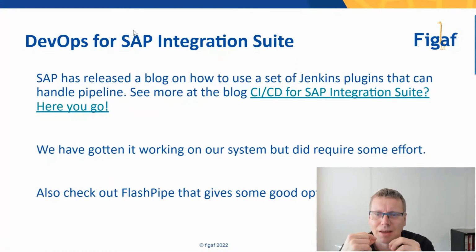You would need to set up multiple pipelines for each iFlow you have, and that makes it difficult to actually see what is going on. FlashPipe is an option, and we also tried to create a view on our tool to handle it.